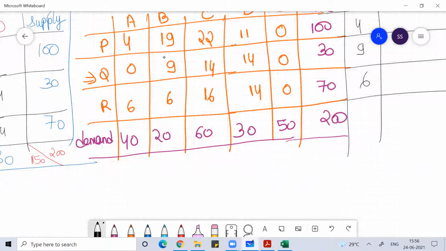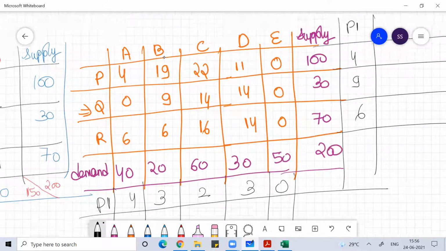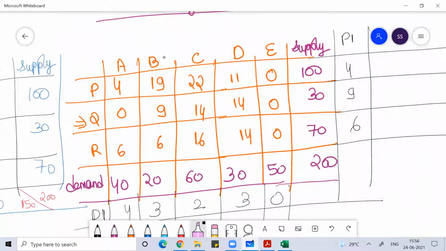Similarly, if I find P1 column-wise, this is 4, 3, 2, 3, 0. So the largest penalty out of all is 9.